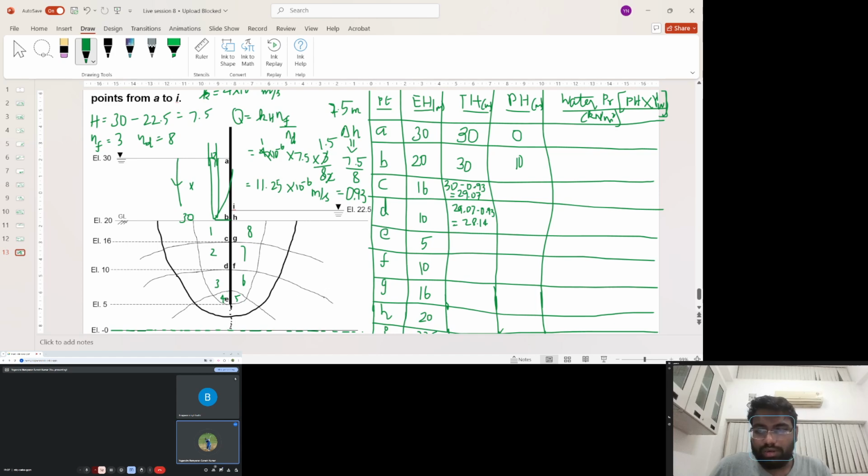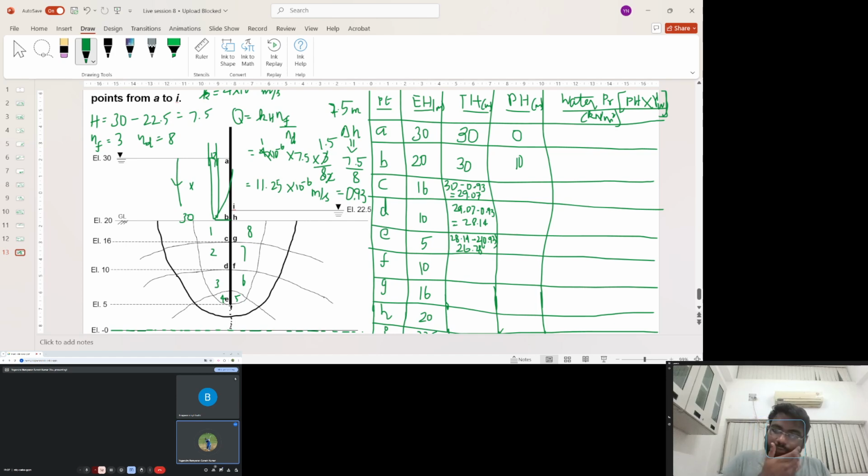So at point E we have two drops, hence 28.14 minus 2 into 0.93. That will give us 26.28.